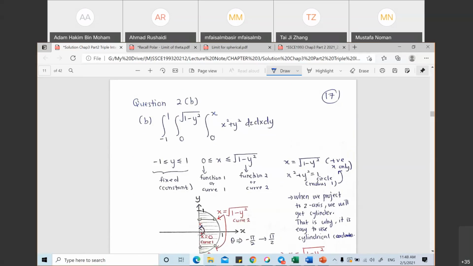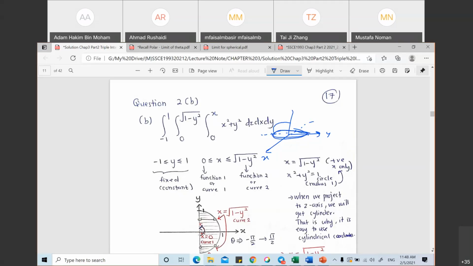So when you draw this, this is y, and then you have x. This is a circle, right? This is a circle with radius 1, but we only focus on the positive side.